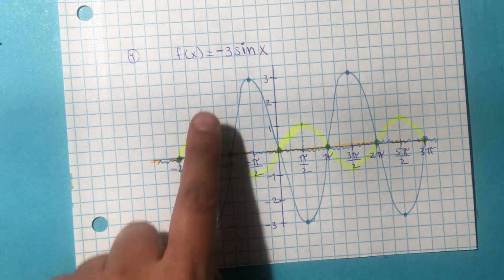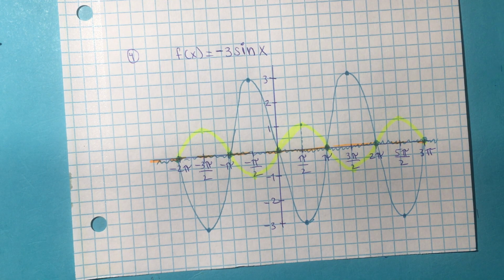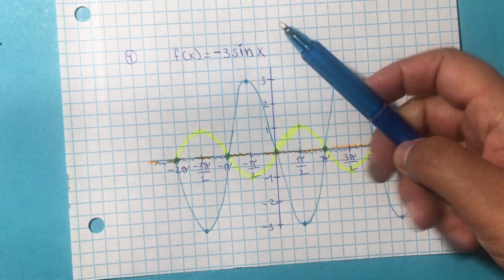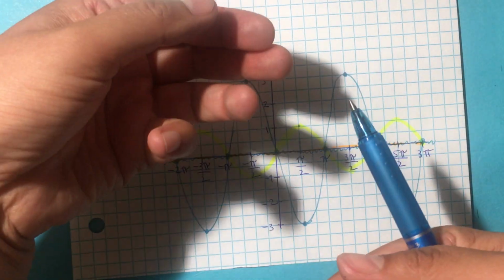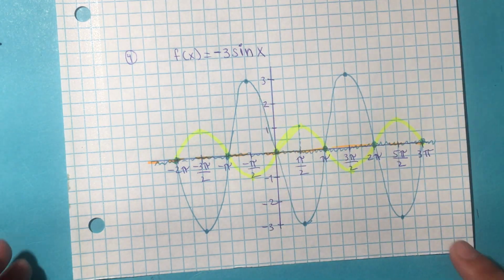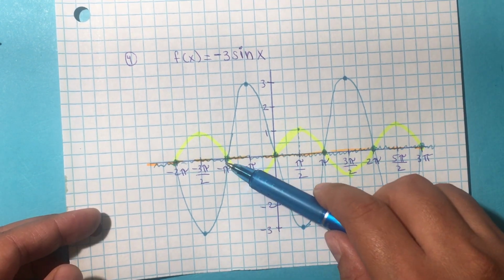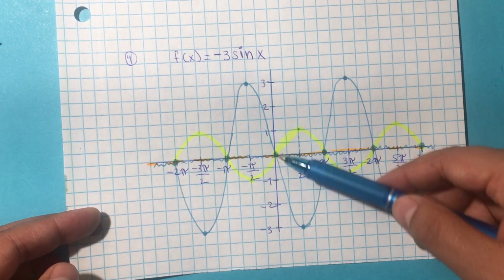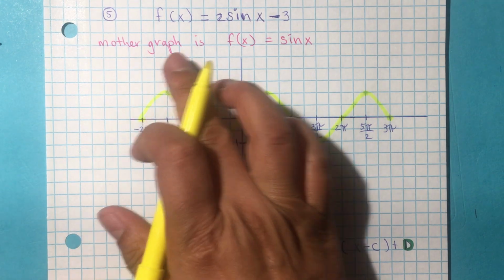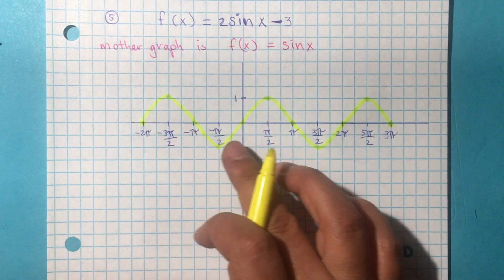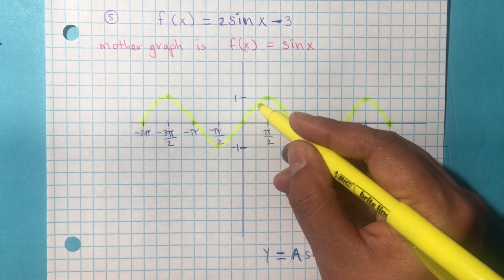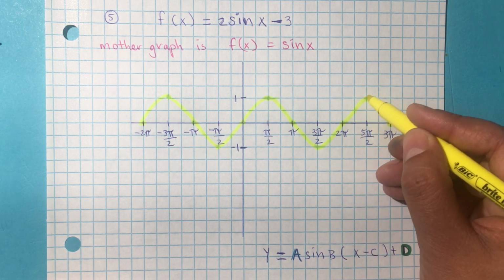So that will be your negative 3 sine of x. The 3 makes it stretch. The negative makes it reflect. Okay? So instead of going down, it reflects up. So here I'm doing the mother graph, which is sine. It starts in 0 and then up, down, up, down.